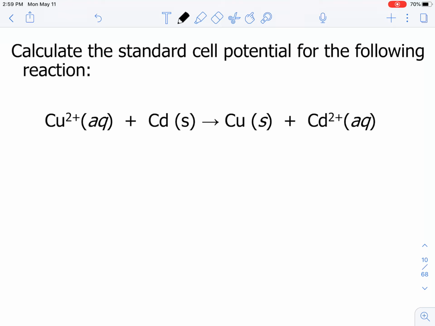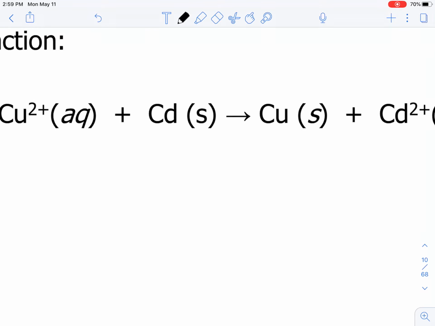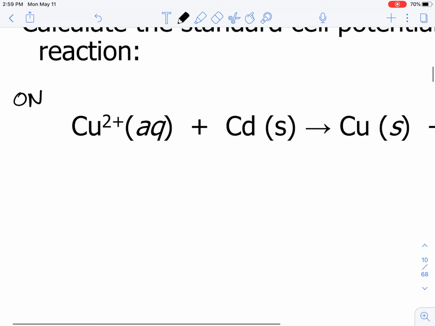And so once again, we need to identify what our oxidation half reaction is and what our reduction half reaction is. And the only way that's possible is if we list out our oxidation numbers. And so since this guy's by itself, we know that it's plus 2. The oxidation number is the same as the charge for free ions.